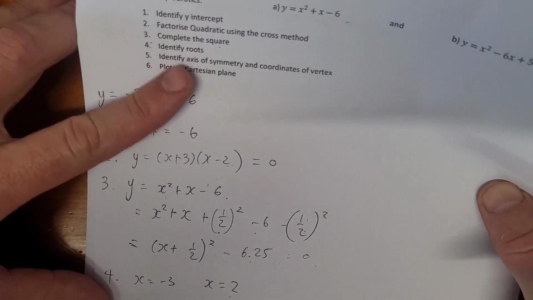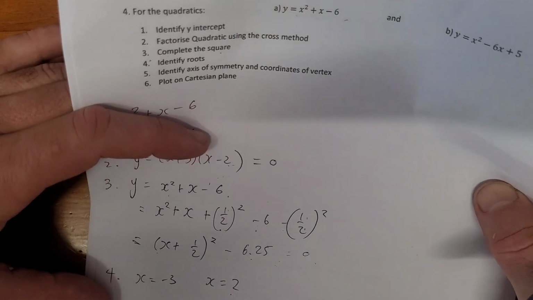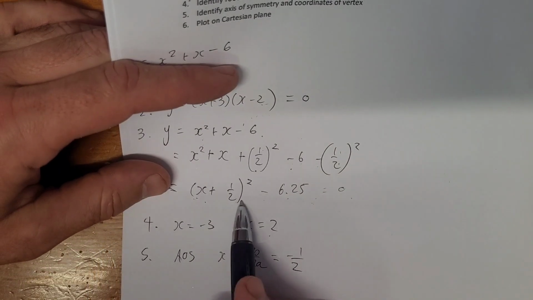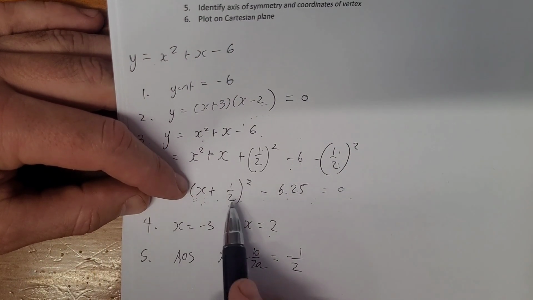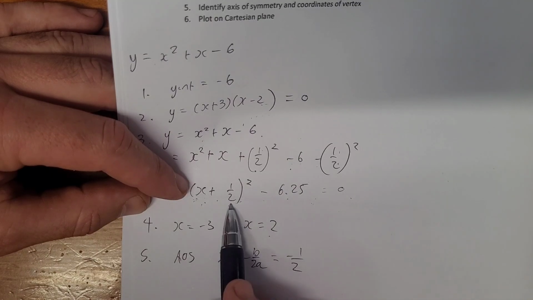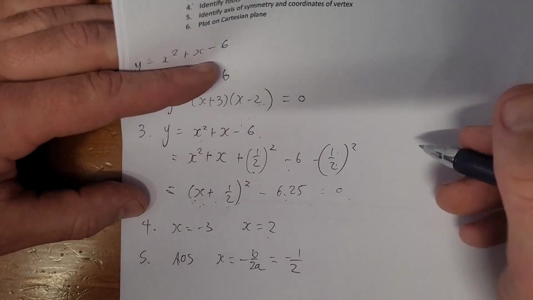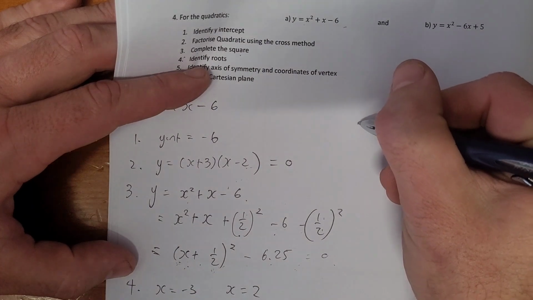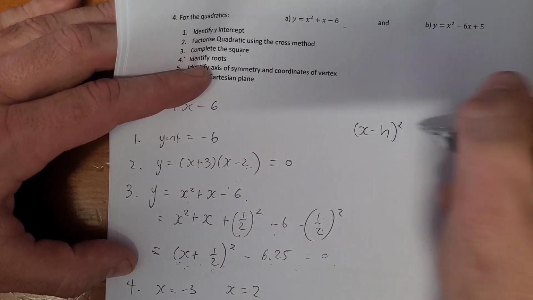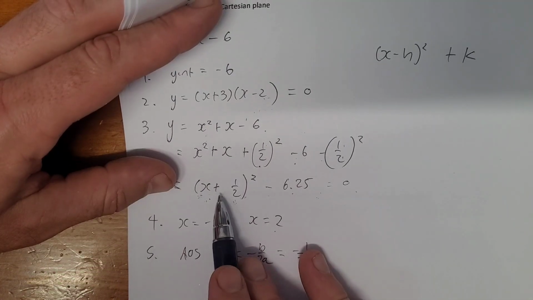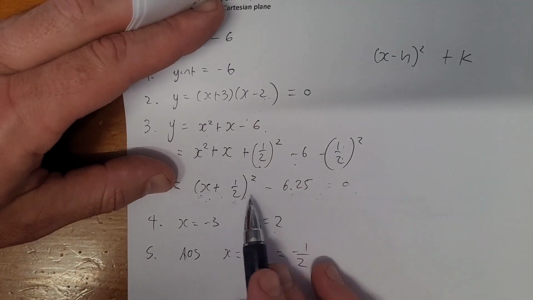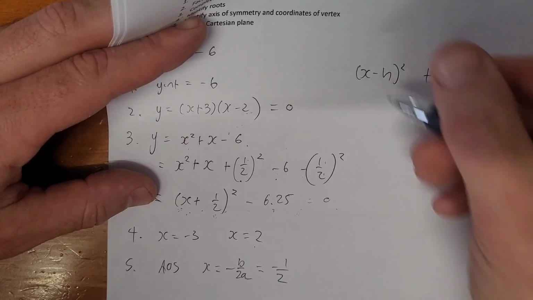Now that is further displayed to us by the perfect square form here. One way that this is expressed tells us the coordinates of the vertex. All right, when we express it in completed square form, we have x take h squared plus k, right? And what we have here is x take -half squared, take 6.25.